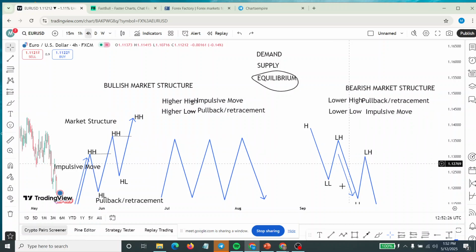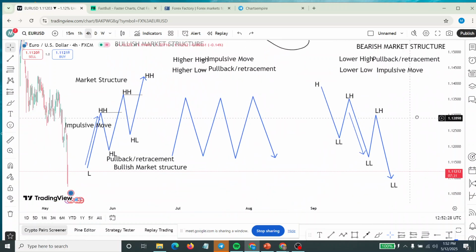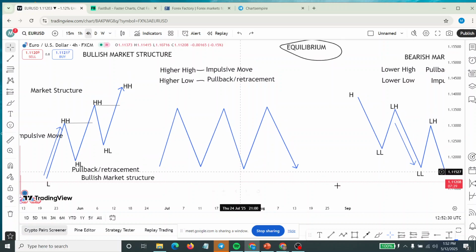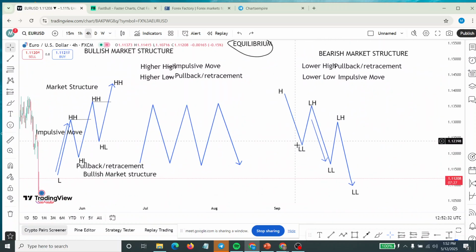That's why we are experiencing the downtrend market. So once we have an impulsive move like this, which is our lower low, this lower high is like our supply zone. People who are interested in selling this particular market are anticipating to sell here in order for us to join the trend of the market.